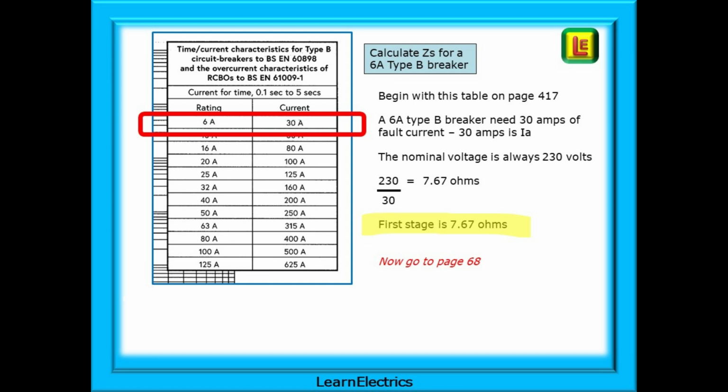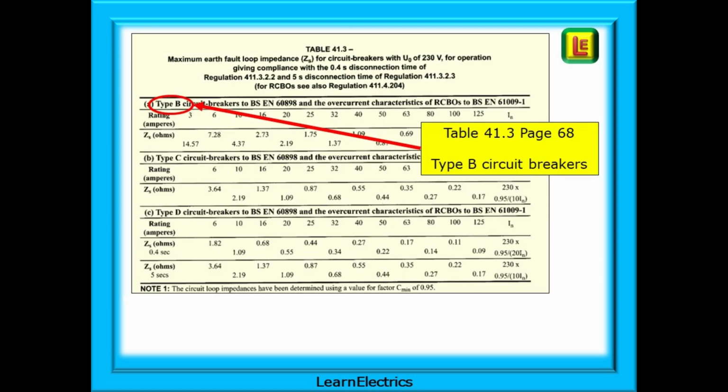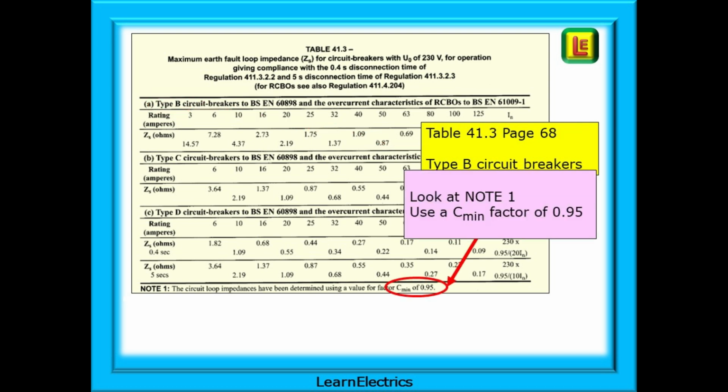Now we should go to page 68 for the next bit. On page 68 we have table 41.3, specific to circuit breakers and RCBOs. The section for Type B devices is shown at the top of the table. But before we go any further, we must look at note 1 just below the table.